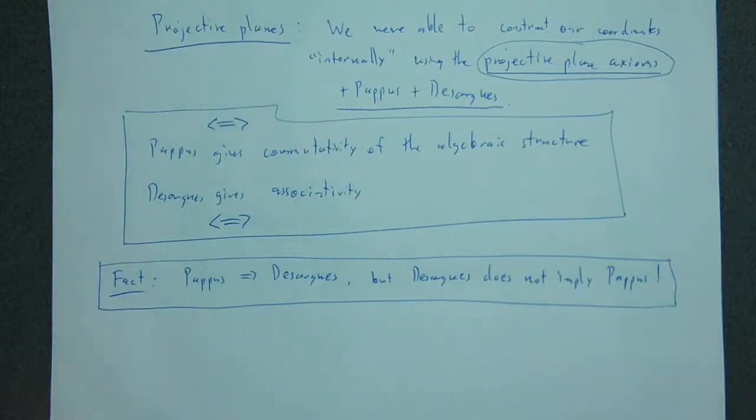And then the question, of course, becomes, can we have projective planes that don't satisfy either, right? We assumed both in our construction. So is it possible to have examples where neither is satisfied? In fact, yes. Since we know this fact here, Pappus implies Desargues, but Desargues does not imply Pappus.